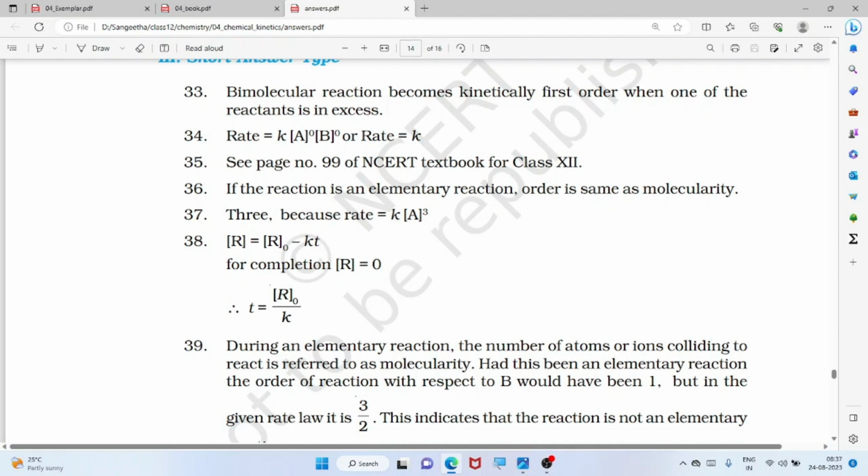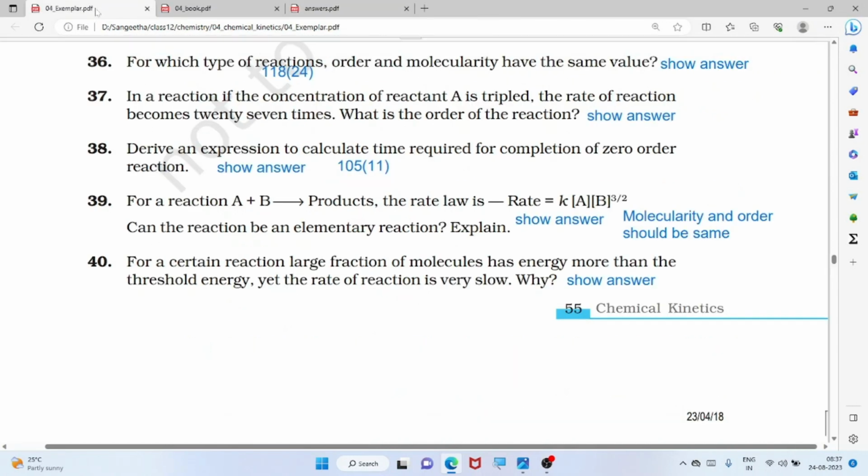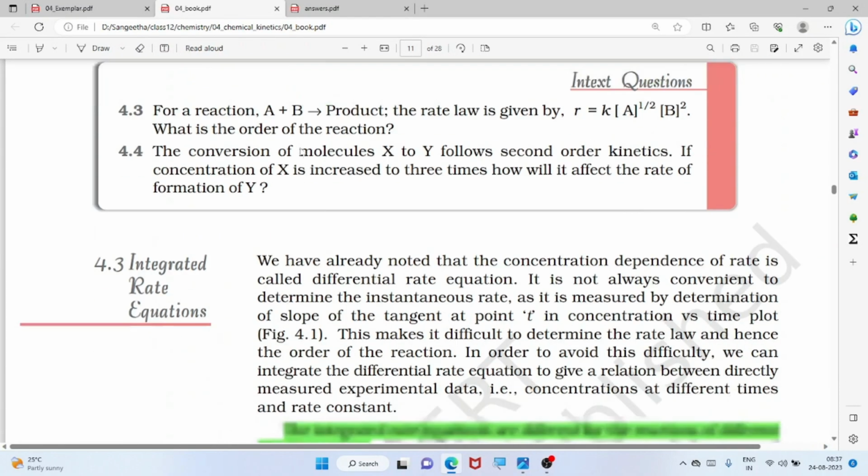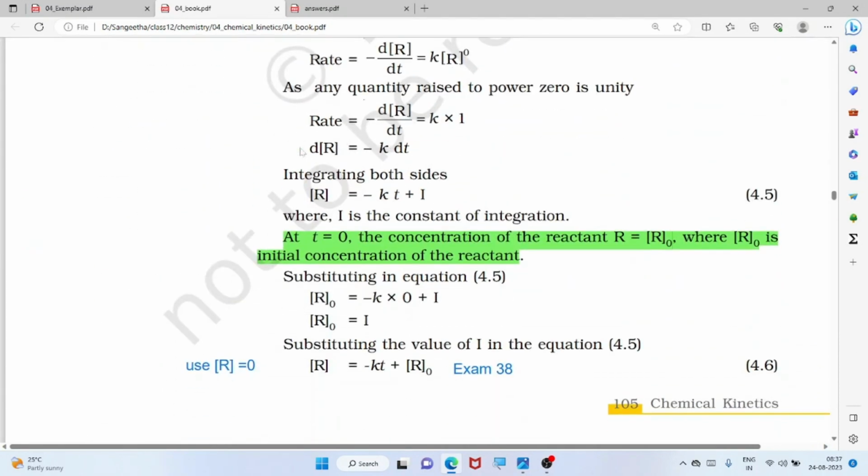So t equals, this is equation 38. They took this equation and substituted the concentration R equal to 0, then they computed the t.